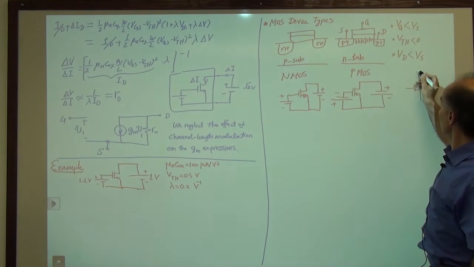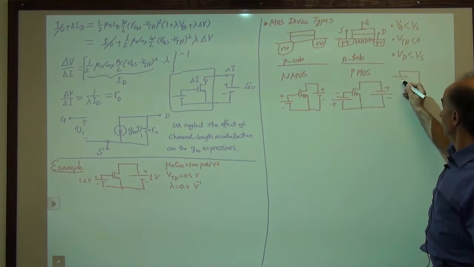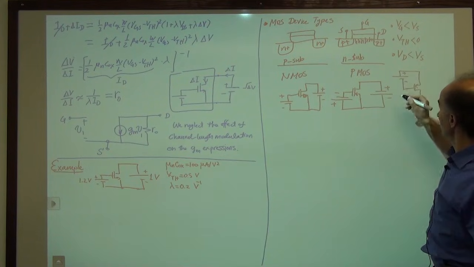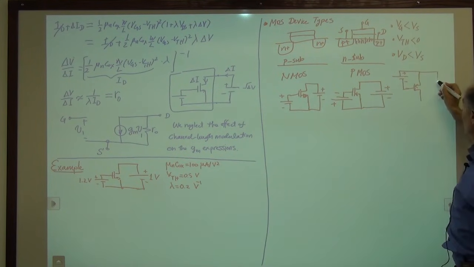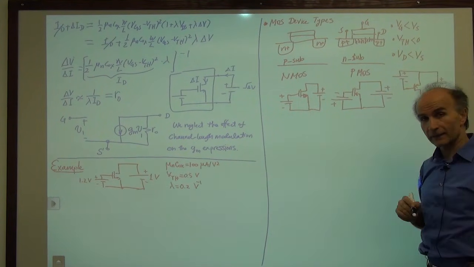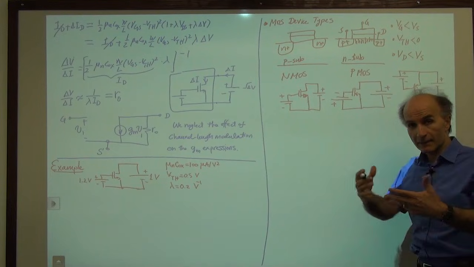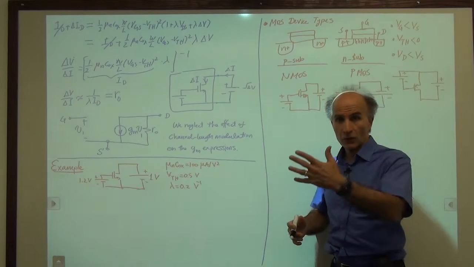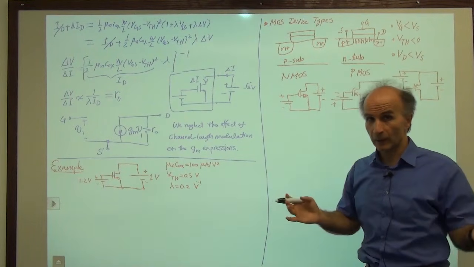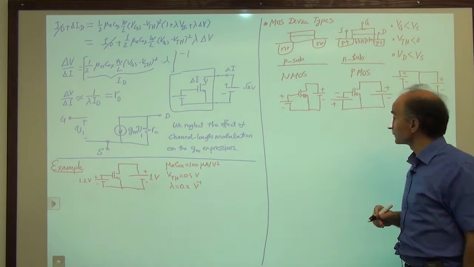And then, for example, we have a battery between source and gate. The gate has to be more negative than the source. We have a battery between source and drain, and the drain has to be more negative than the source. So we often draw it like that, just for consistency with our general convention for drawing circuits. Not a big deal, you don't have to do it that way, but often we do it that way.